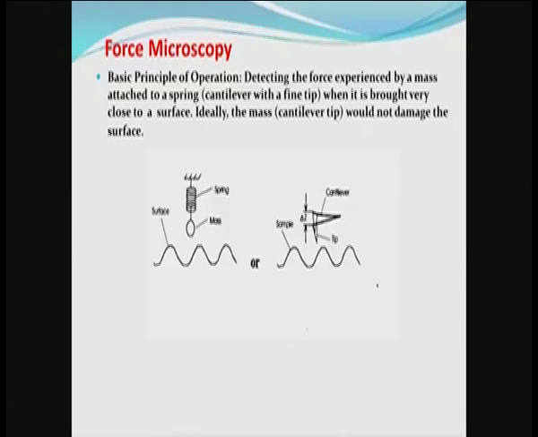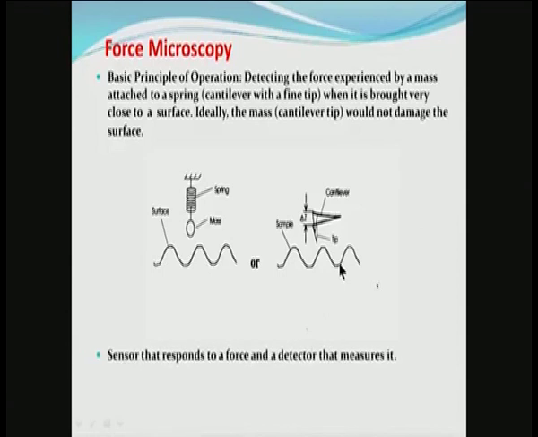Ideally, the mass would not damage the surface when it is brought very close to it. So, these are cartoons that show this mass attached to a spring, and this cantilever, which is now representing this mass attached to a spring, is brought very close to an undulating surface over here.